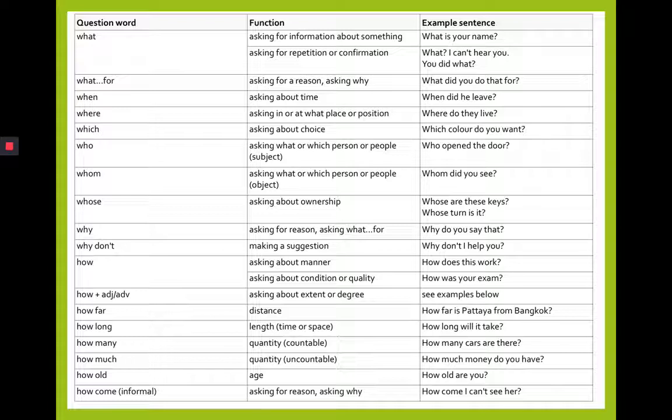Why is about reason, why don't is about making suggestions, how is about manner, how plus adjective or adverb is about asking about the extent or degree, right? How far, how long, how many, how much, how old, and how come. So those are all the how.